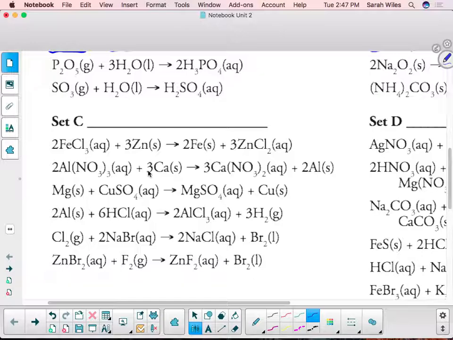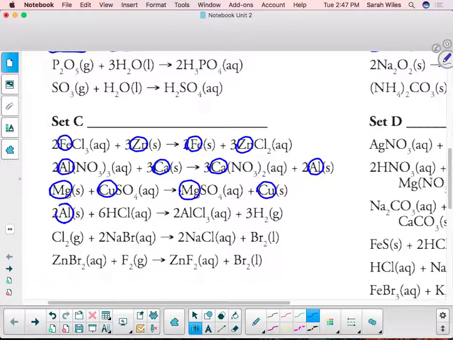Correct. And I'm going to color code this, okay? So cations are blue, metals are cations. Hydrogen is not a metal, but it has the 1+ charge.